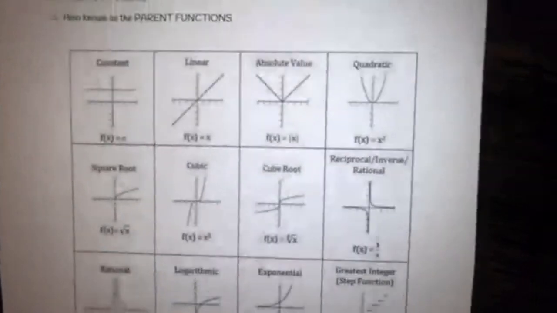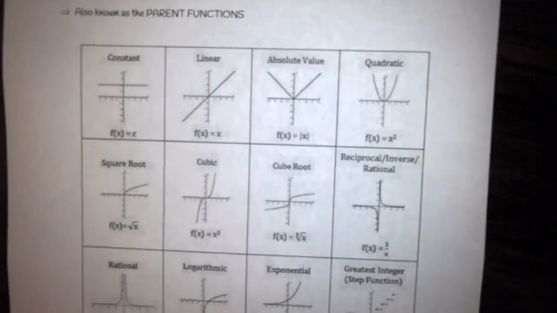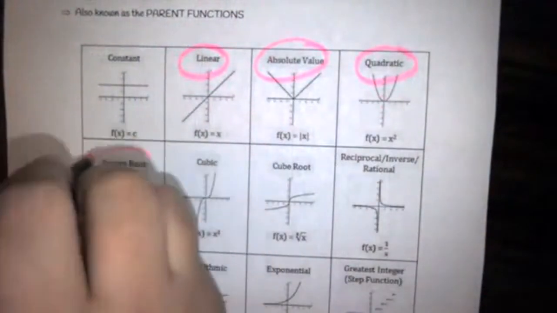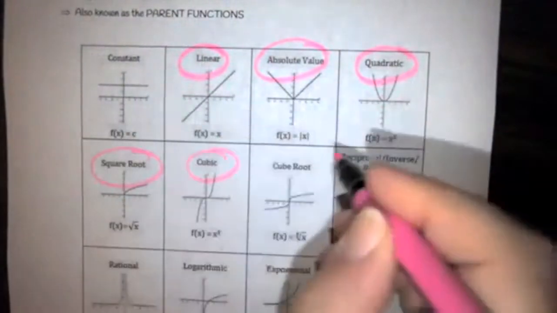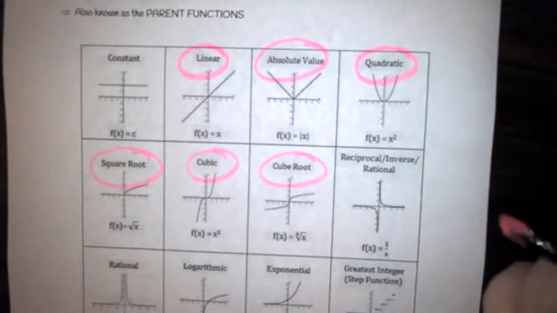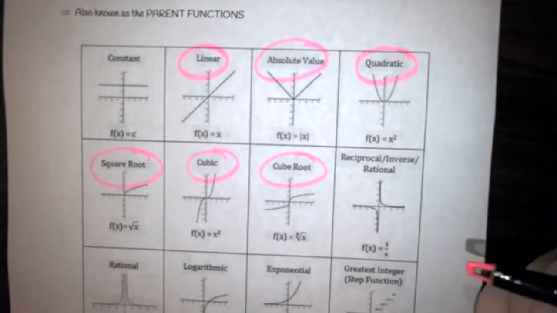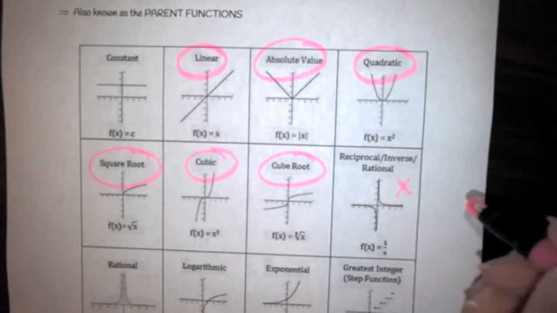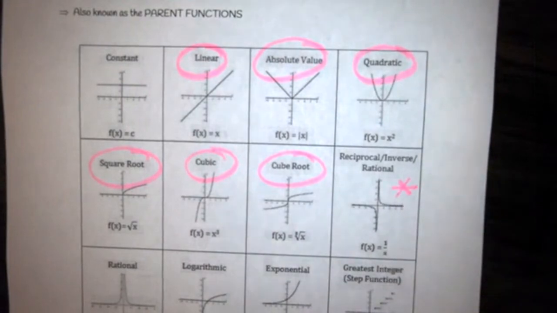So the functions we care about are linear, absolute value, quadratic, square root, cubic, and cube root. Those are the big six that we care about. You do have to know that the rational ones exist, but I don't like to focus on them. But they are there.